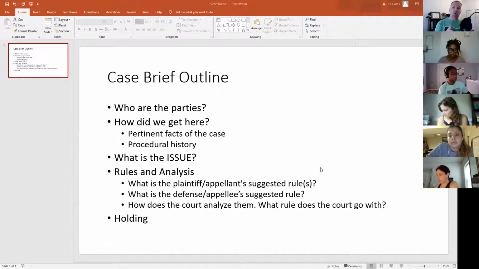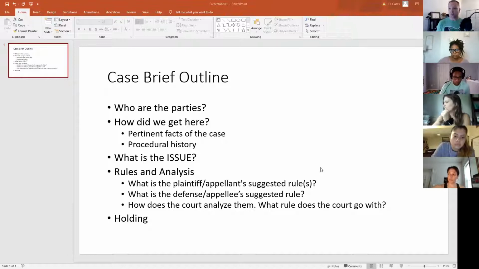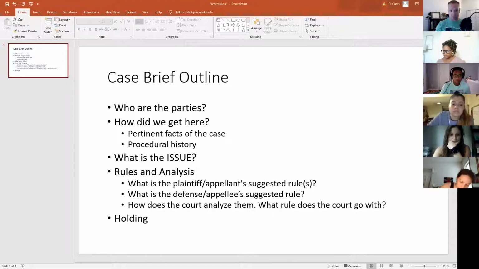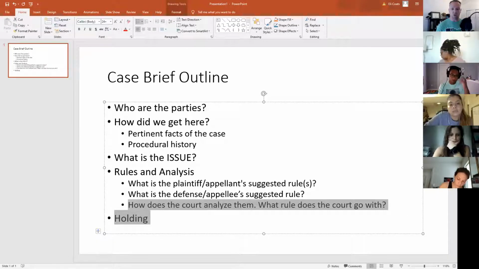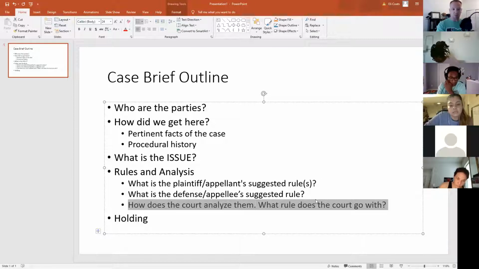Remember, a case brief is different from your outline, although you do pull the information for your outline from your case brief. I'll tell you right now, the pertinent facts and the procedural history, you can leave that stuff out of your outline. And even a lot of the rules and analysis part, you can leave out the real heavy stuff. What you want in your final outline for your exam is that last part.